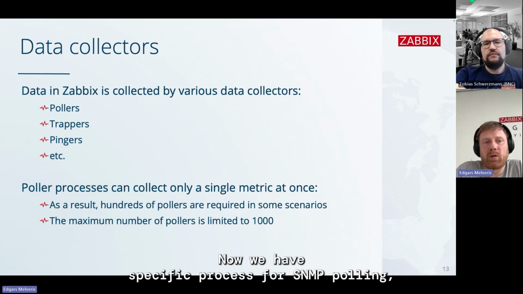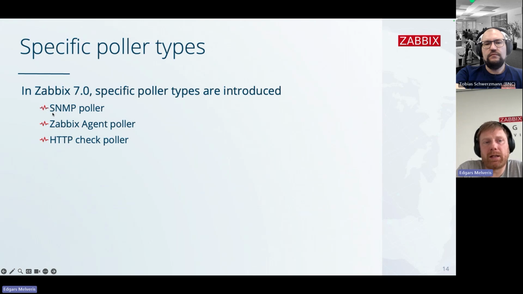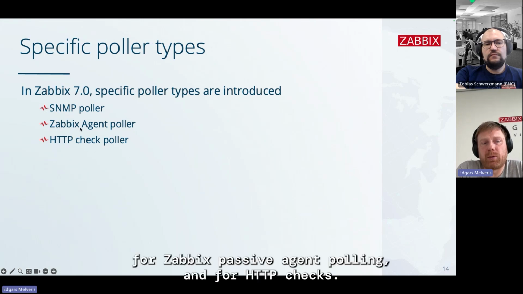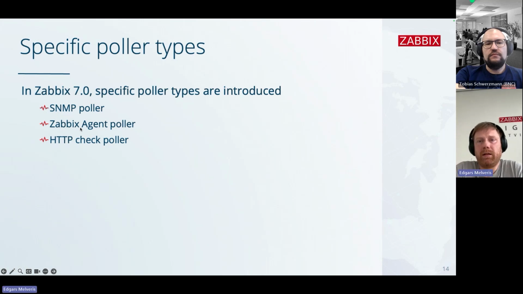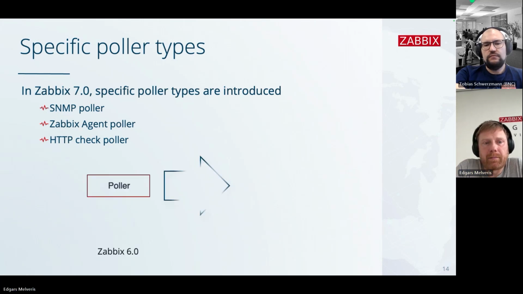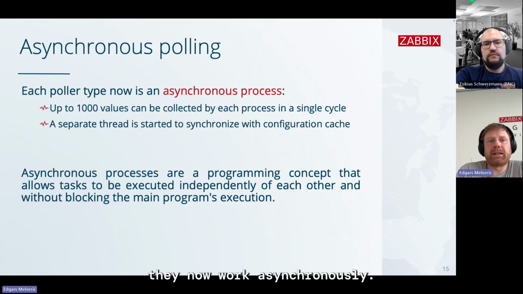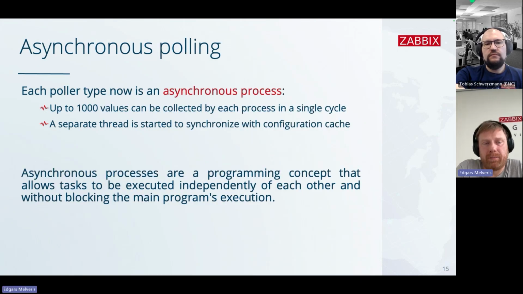Now we have specific processes for SNMP polling, for Zabbix passive agent polling, and for HTTP checks. And most importantly, they now work asynchronously.